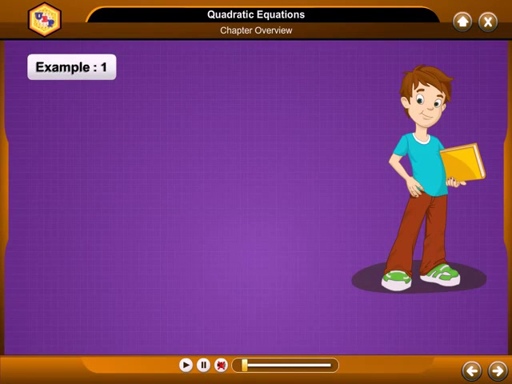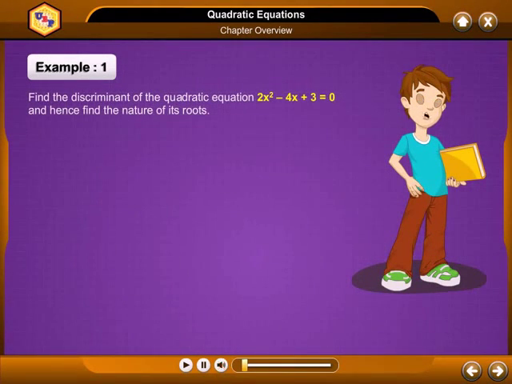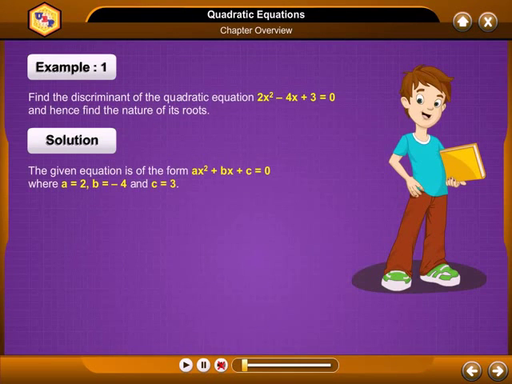Example 1. Find the discriminant of the quadratic equation 2x square minus 4x plus 3 equal to 0 and hence find the nature of its roots. Solution. The given equation is of the form ax square plus bx plus c equal to 0, where a is equal to 2, b is equal to minus 4, and c is equal to 3.